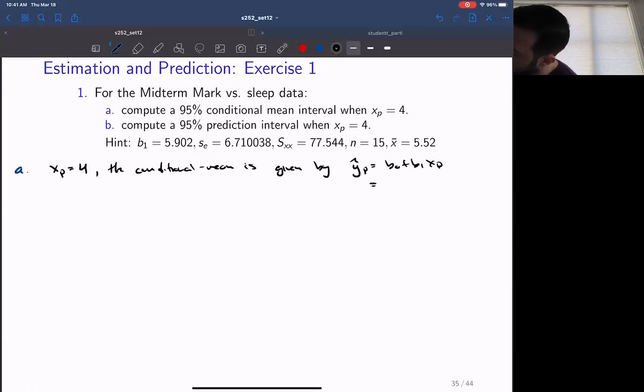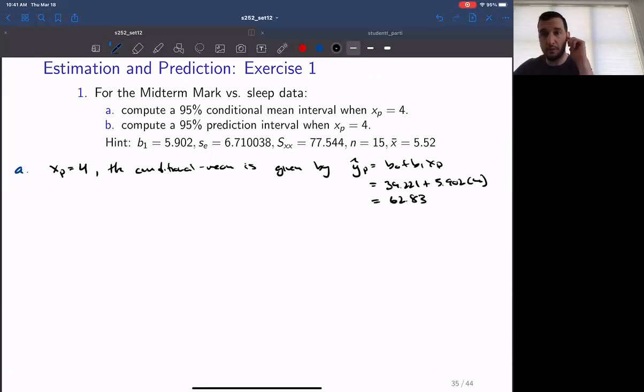So this is going to be 39.221 plus 5.902 times 4, which is 62.83. Right? So again, the conditional mean and the predicted value are found in the exact same way.